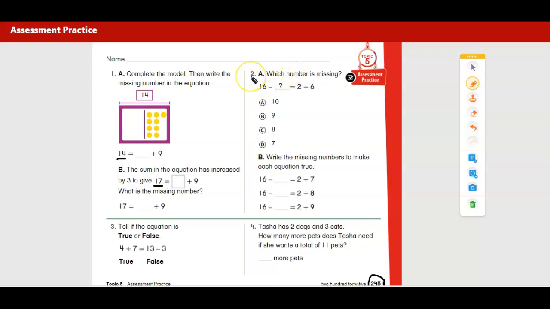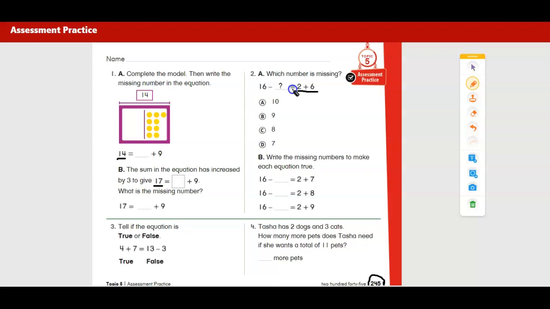Number 2 says, part A, which number is missing? So you have 16 minus blank equals 2 plus 6. These are the same equations that we have been working with in topic 5 and in our review. So we have 2 equations on either side of the equal sign.